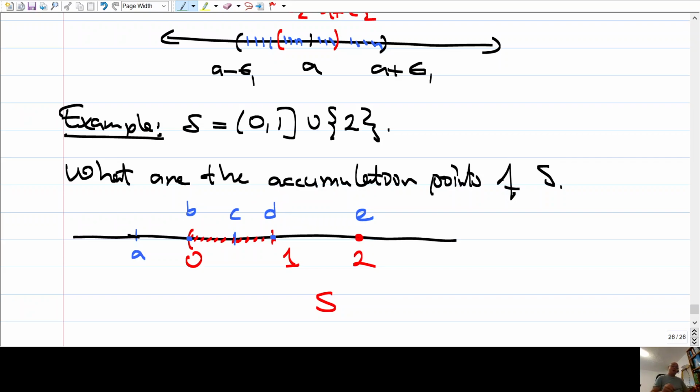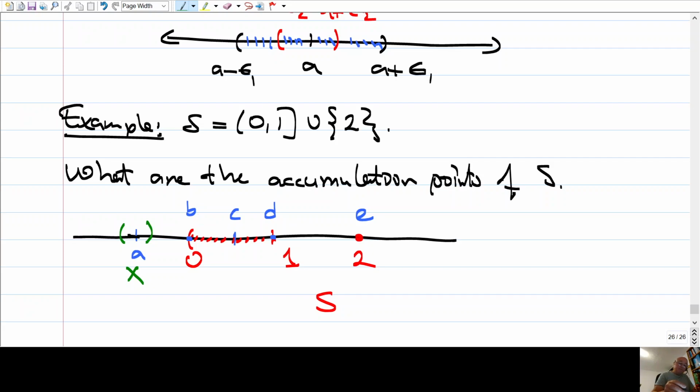This real number A is not an accumulation point for S. Why is that? If I choose an interval like this, this interval contains no points from S. Therefore, A is not an accumulation point, right? Let me put a cross here.